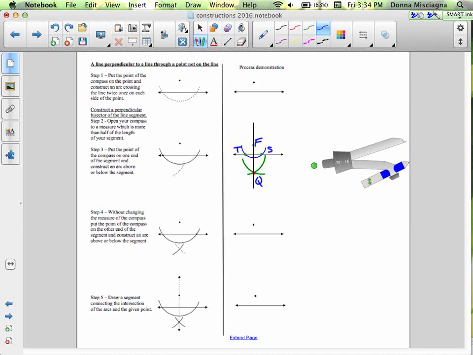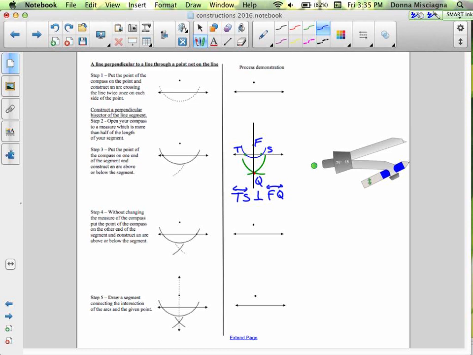So now we can say that line TS is perpendicular to line FQ, because we have a perpendicular line construction. So automatically, when we bisect the line, we're going to end up with perpendicular lines.